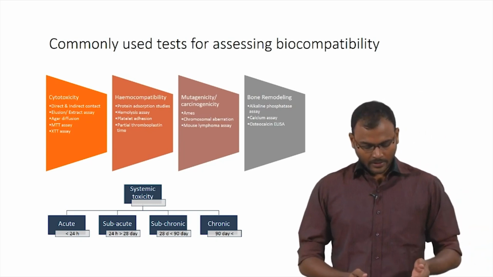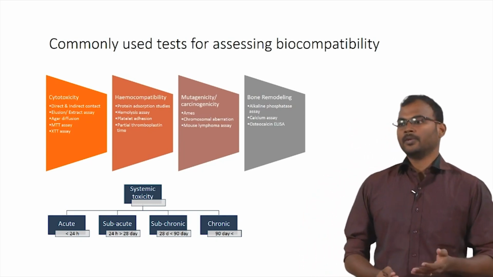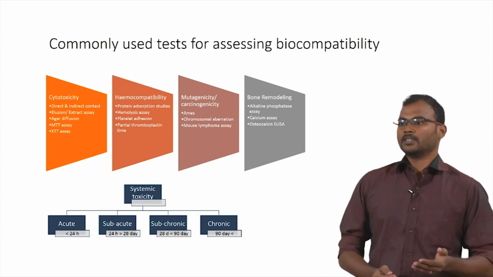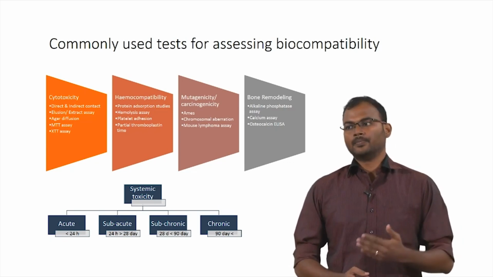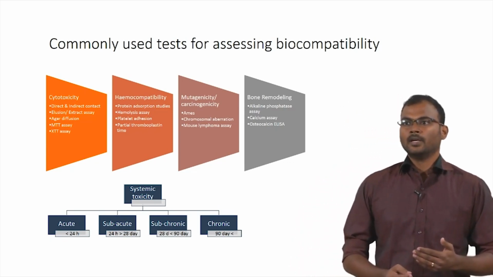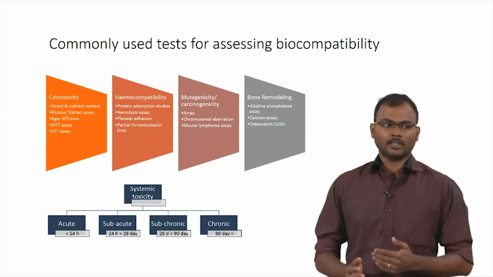Then subchronic is 28 days to 90 days, like urinary catheters, which they will remove within 2 or 3 months. Then chronic is above 90 days, so you have to test whether the material is not having any effect on the cells surrounding it.